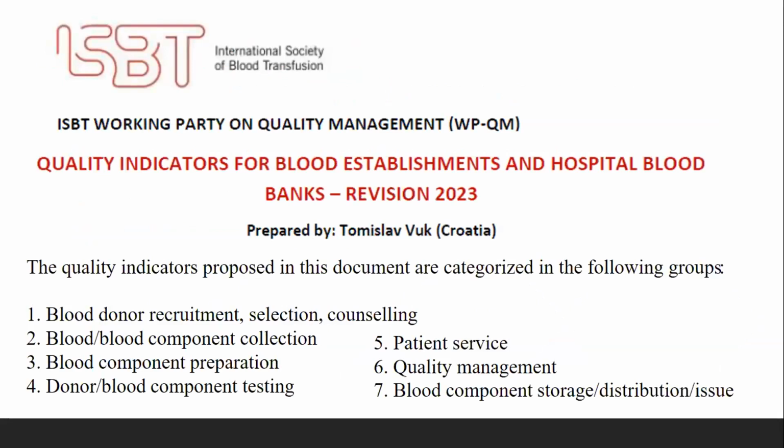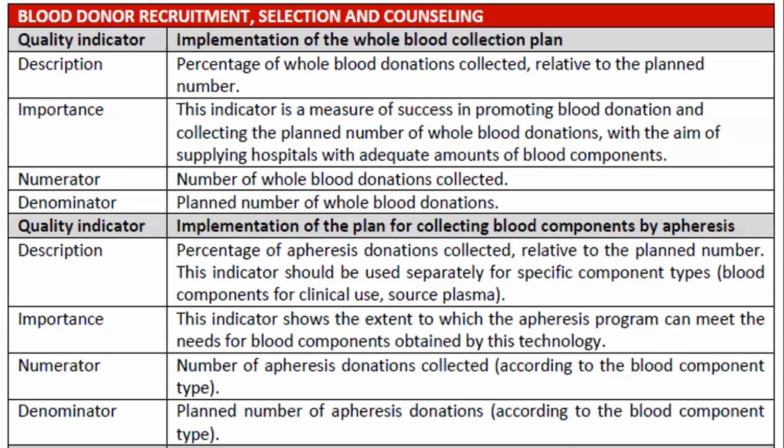And now we have these quality indicators that are well defined, especially by the ISBT working party and the NABH as well. There are several sections under which we have quality indicators. The quality indicators proposed in this particular document, which is given out by ISBT and revised in 2023, has 7 different sections.